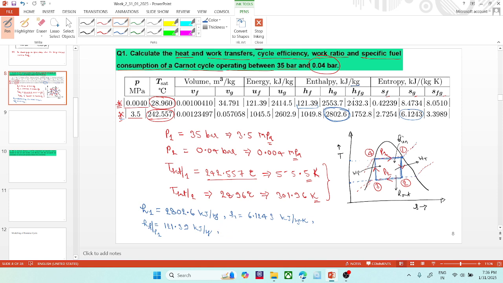And we also have to take the value of Hfg, which is the enthalpy difference between the gaseous and fluid phase.